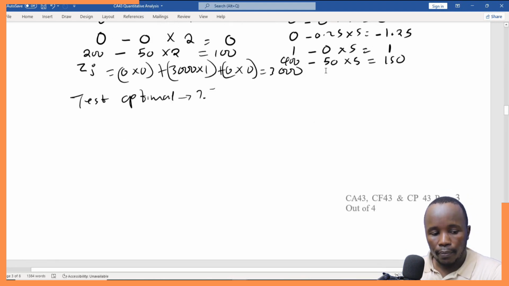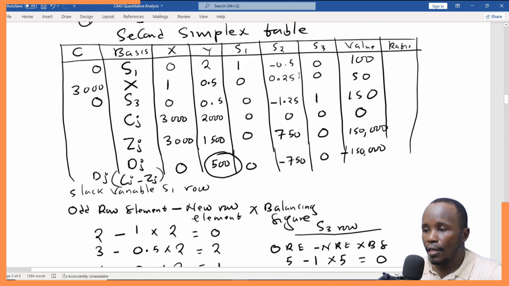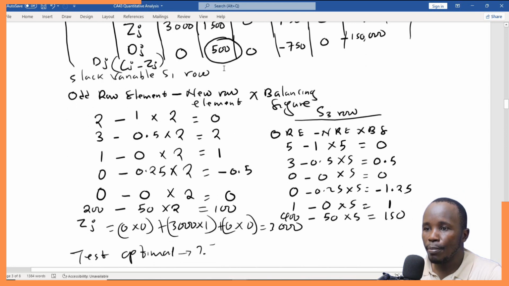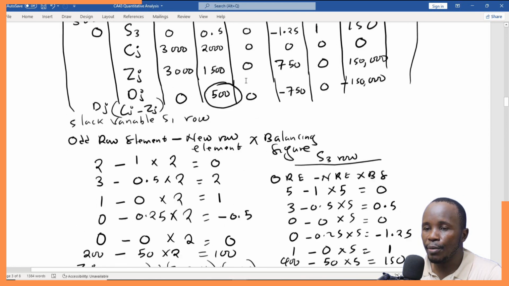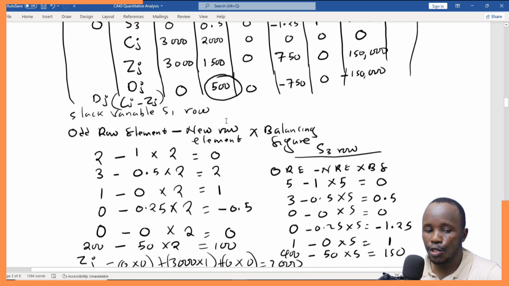Now, I think up to that point, everyone is with me, that we have found that this table is not optimal. It's not optimal in the sense that DJ is greater than 0.